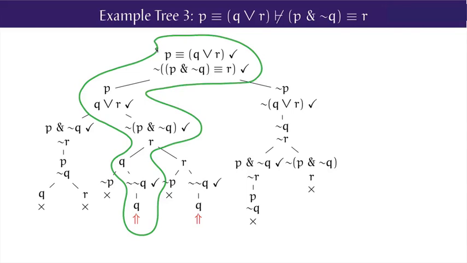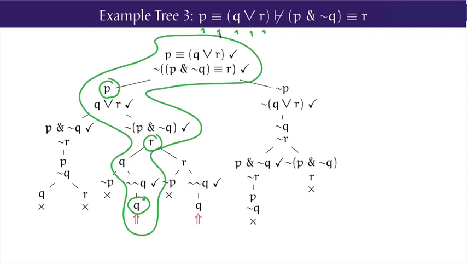And what I get here is an open branch where I've got Q is true, R is true, and P is true. So if you go all the way up to the argument that I've got written here, I say that if P, Q, and R are true, then indeed Q or R is true.